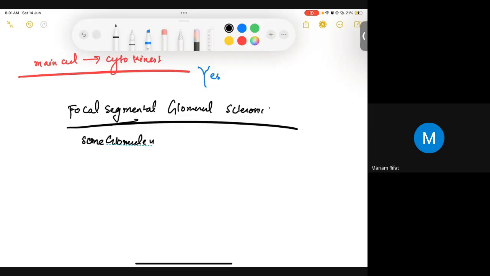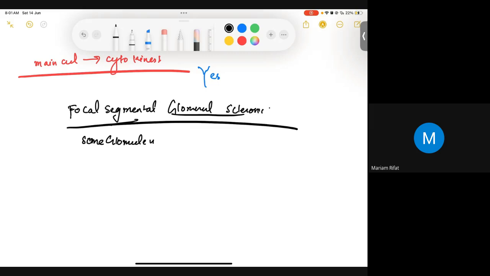Focal means some glomeruli, segmental means some segments of the glomeruli are going to be involved. What kind of involvement? This name just told you. The glomeruli are going to become sclerosed. What do we mean by sclerosis? Thickening, right?